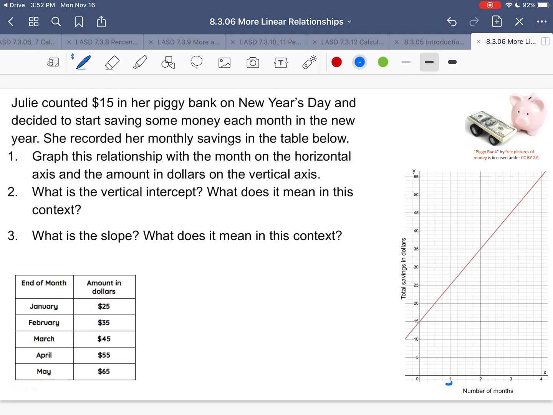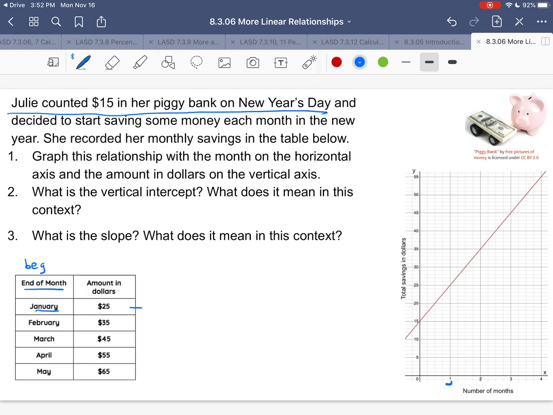So here we have an example of Julie with $15 in her piggy bank on New Year's Day, which is the first day of the year. She decided to start saving some money each month in the new year, and she recorded her monthly savings in the table below. So at the end of January, she had $25. And remember that at the beginning of January, she had $15.